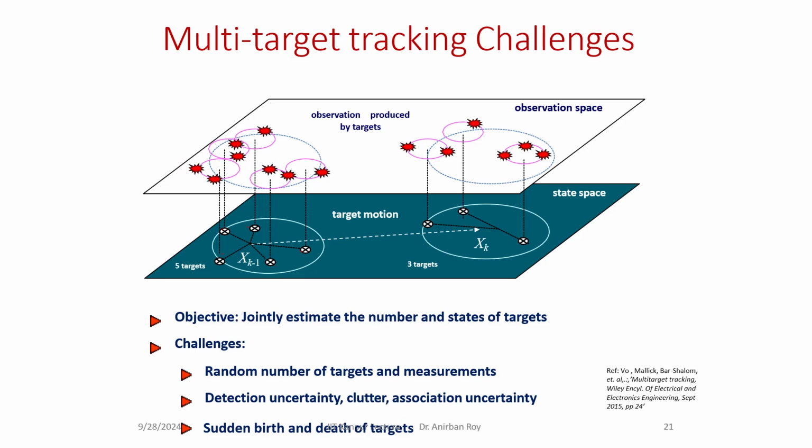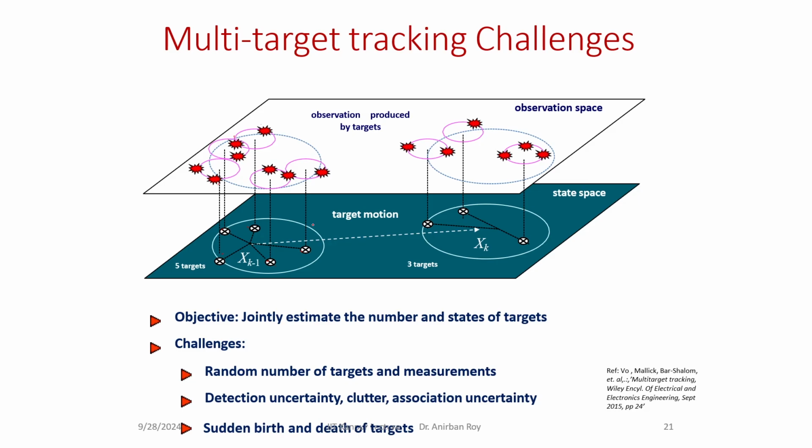There is no guarantee; this is purely stochastic. You see 1, 2, 3, 4, 5, 6, 7, 8. For this one the sensor has given 1, for this one 1, and for this one 2, with 1 false alarm, and 1 could be a true target as well. Here also 2, here also 2, here at least 1.